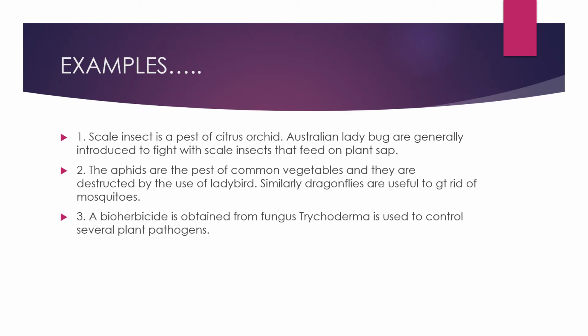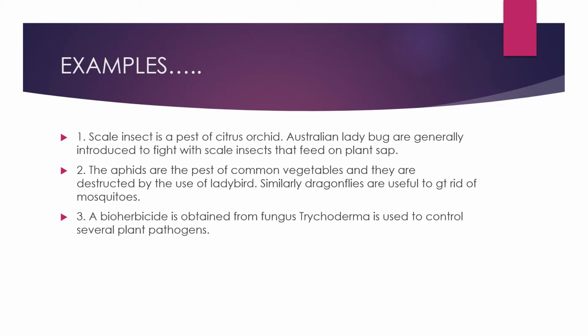Now, examples. This process is not new, it has been used for a long time, so we have so many examples of biocontrol agents. For example, the first one is scale insect. It is a pest of citrus orchards. Scale insects attack the citrus roots.